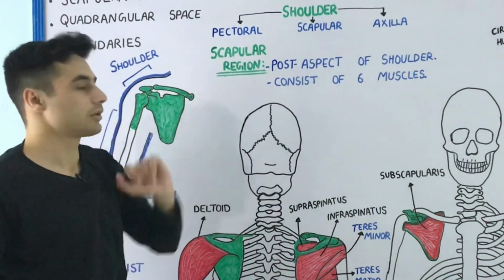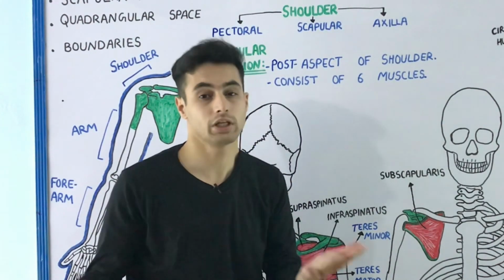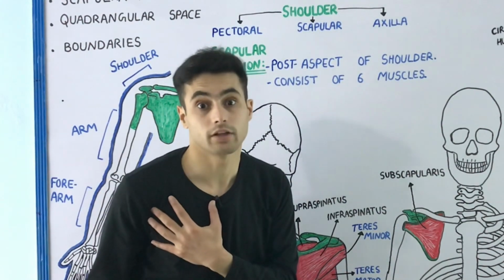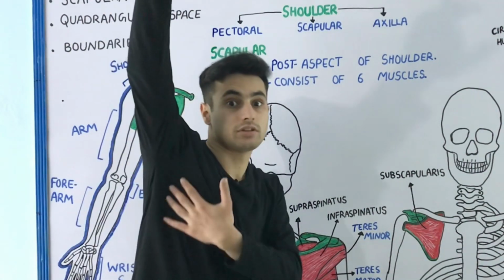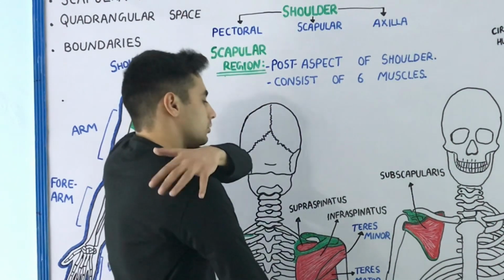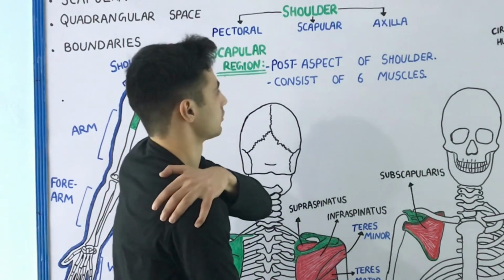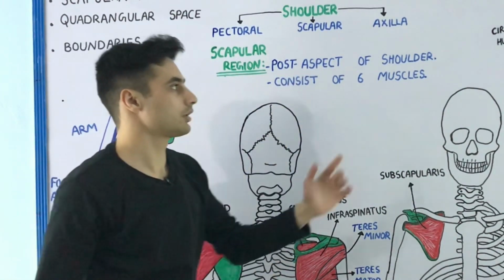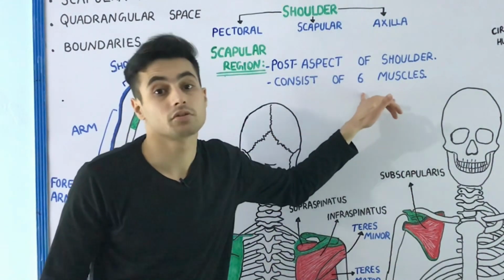The pectoral region is present on the front side of your shoulder, which mainly consists of your pectoralis major muscle, pectoralis minor, and some other muscle. This is the axilla part of your shoulder, and the scapular part is on the posterior side of your shoulder region.